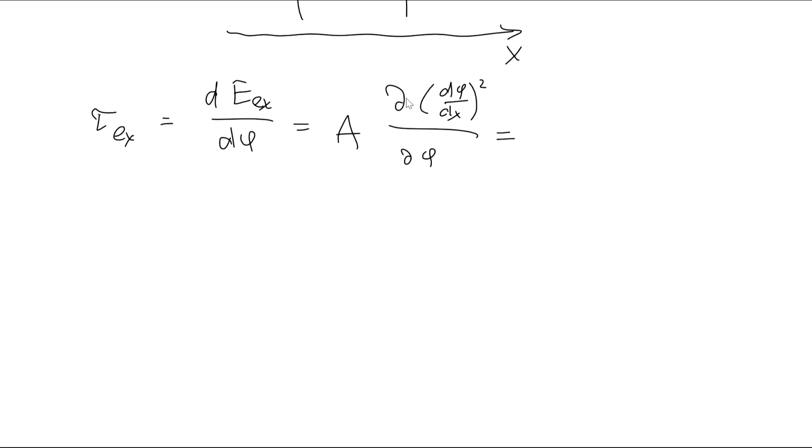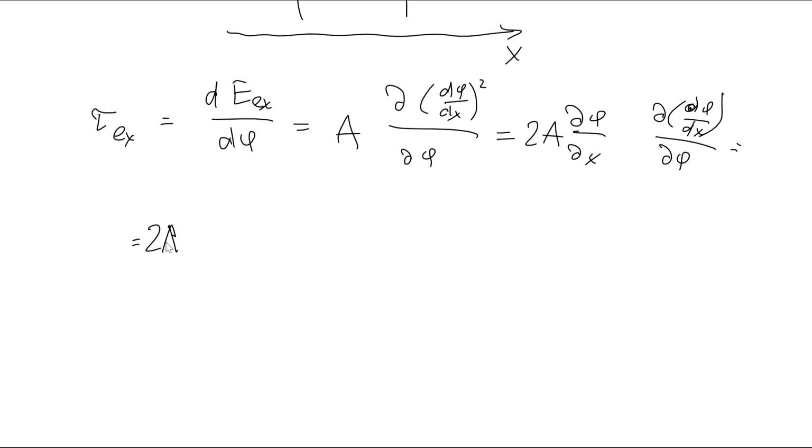Okay, we take the derivative of this. That's 2A d phi/dx times d/d phi of d phi/dx. That is 2A d phi/dx d2 phi/dx squared.